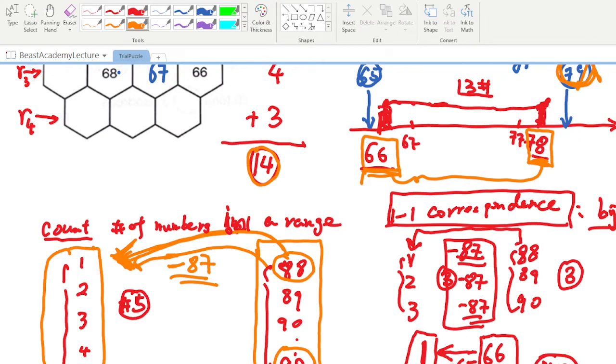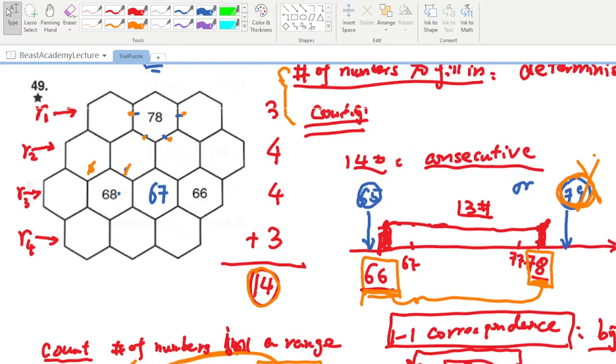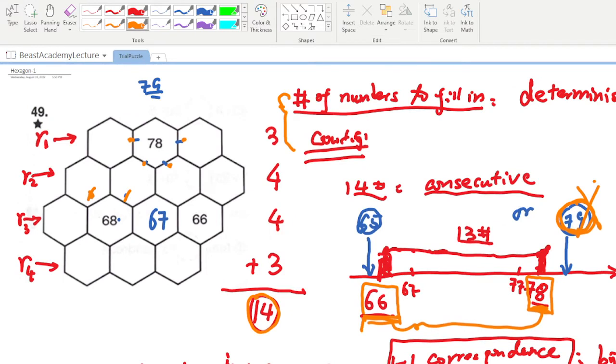What is 92 minus 87? 5. So the count of numbers here is equivalent to the count of 1, 2, 3, 4, 5. Is that an easy job for you guys? I think so, right? Okay. Now you can solve how many numbers are between 66 and 78.